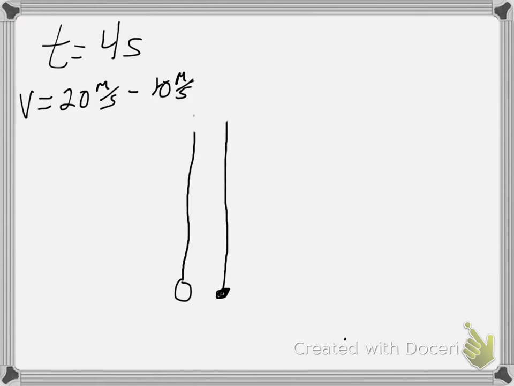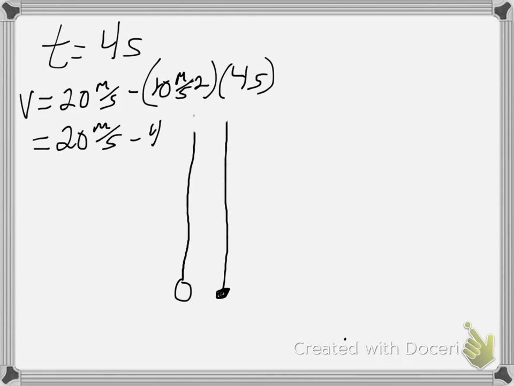All right. 10 meters per second squared times 4 seconds, and 20 meters per second minus 40 will be negative 20 meters per second.